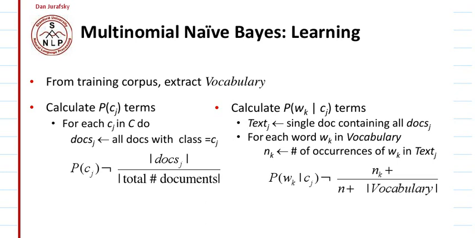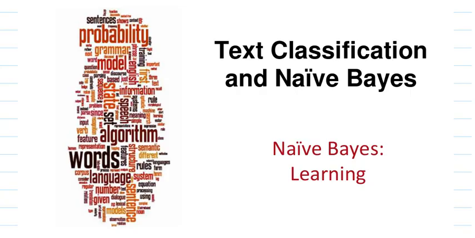We can apply a loop and run it for all the classes. Similarly, we can apply a loop for all the words present in the vocabulary and calculate the probability of all the words. In this way we can train the naive Bayes algorithm, meaning we can calculate all these probability values which are required for predicting the class for the test document.